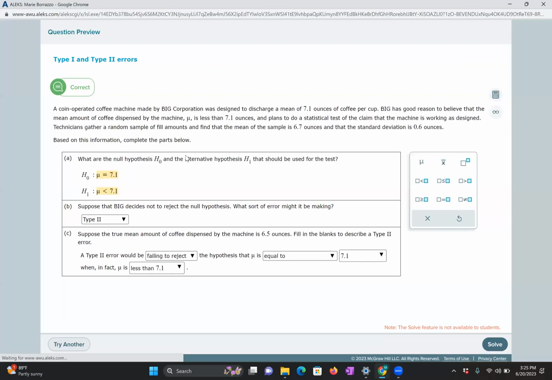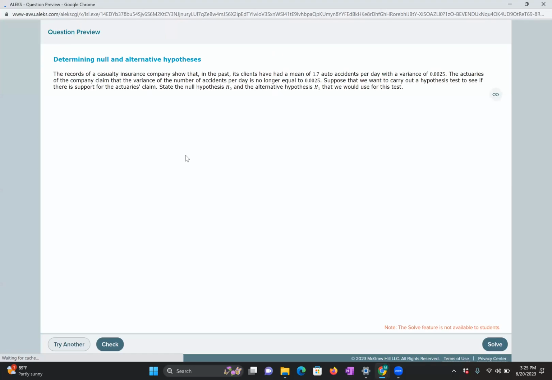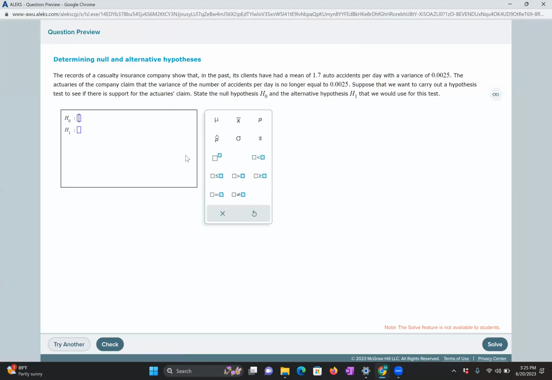Okay, this next question deals with determining the null and alternative hypothesis. So be careful because this is on test 1. The records of a casualty insurance company show in the past its clients have had a mean of 1.7 accidents per day with a variance of 0.0025.